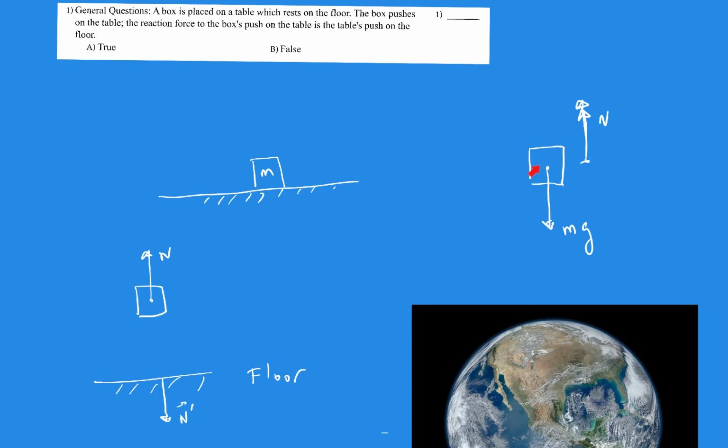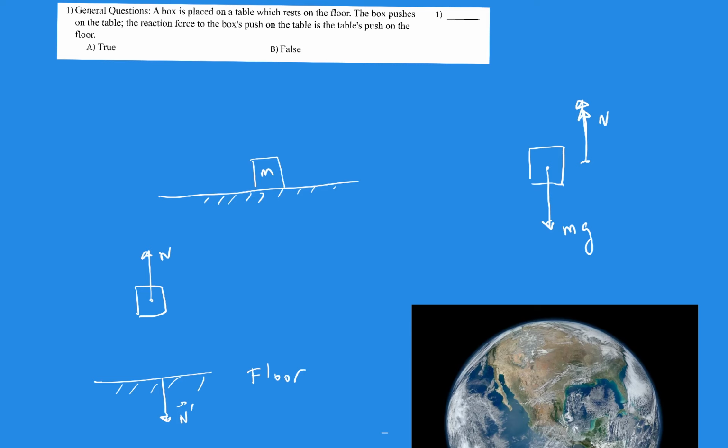That force is going up and is what we call the normal force. Then there are two forces, one up and one down. If these two forces are equal in magnitude, the acceleration will be zero.